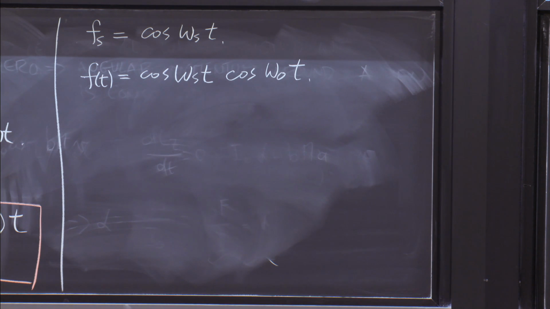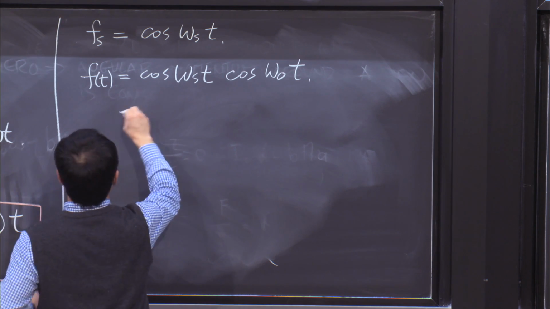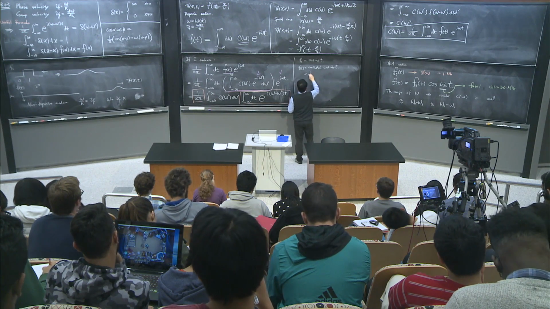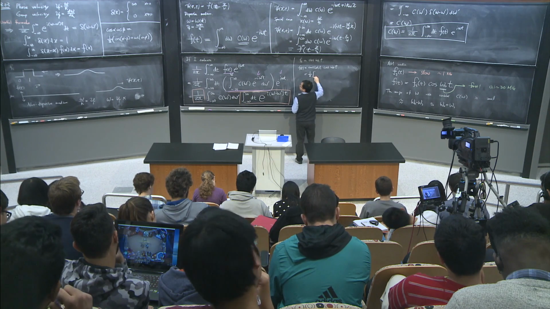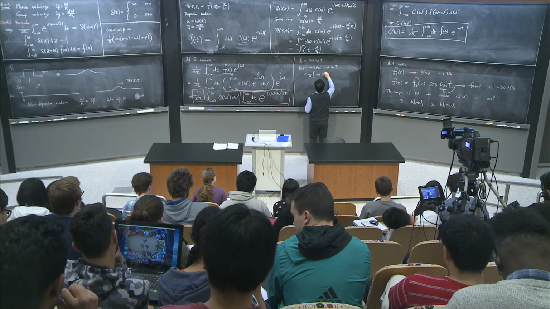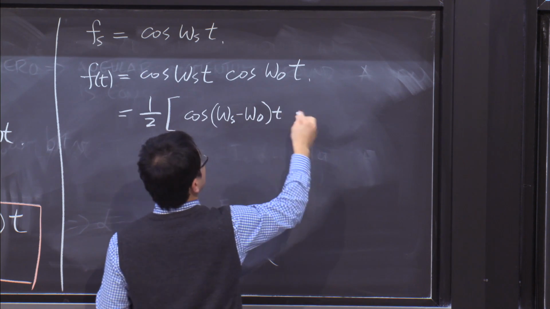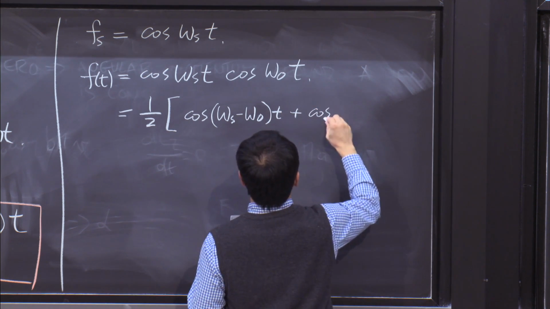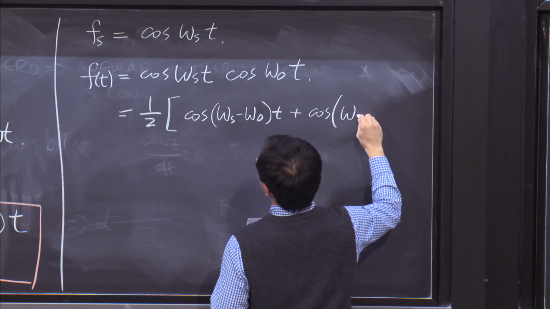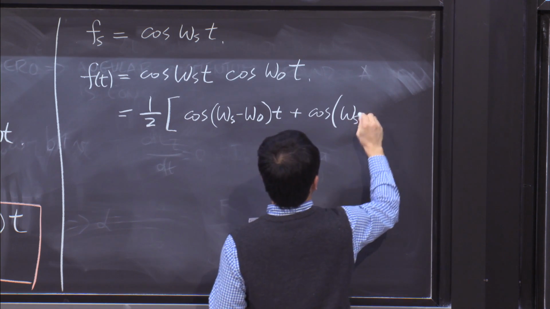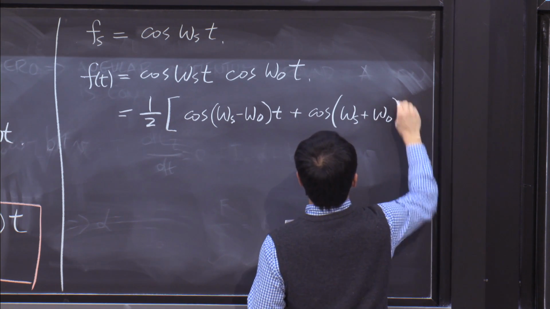Therefore, I have the formula I prepared here, cosine alpha times cosine beta, which will be equal to that functional form. Just a reminder. I can now write it as 1 over 2 cosine of (omega s minus omega 0) t plus cosine of (omega s plus omega 0) t.